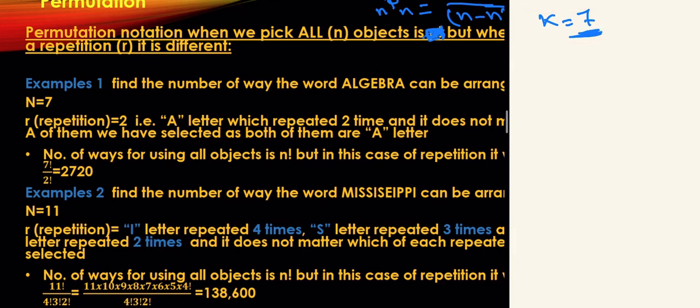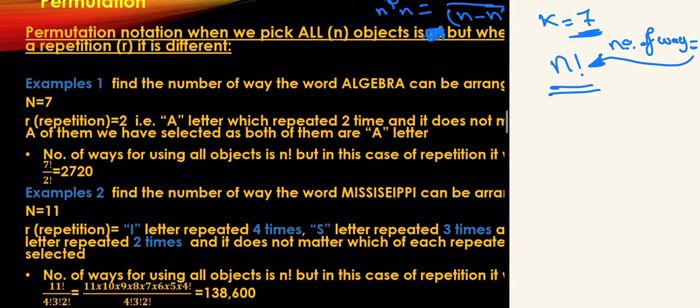In this case, it will be n factorial. If we are using all the objects in the set or in the population, the number of ways equals n factorial.